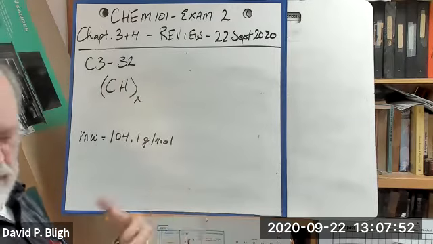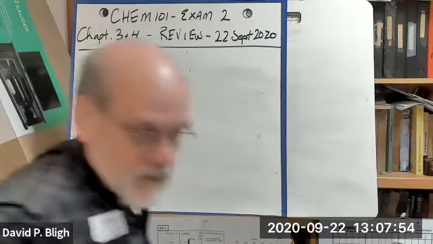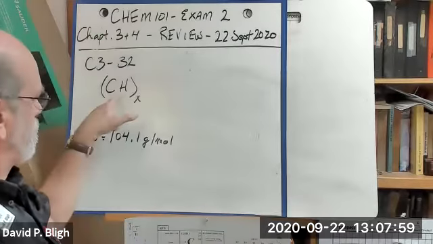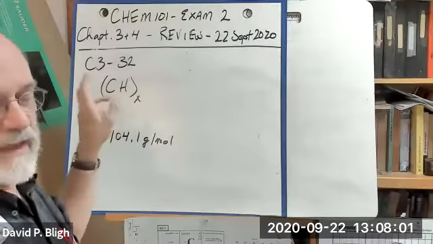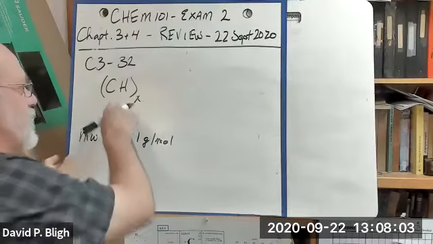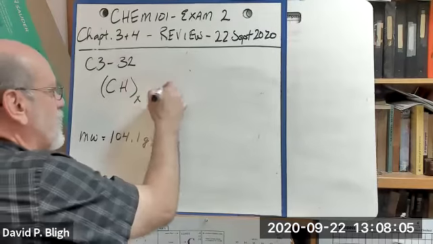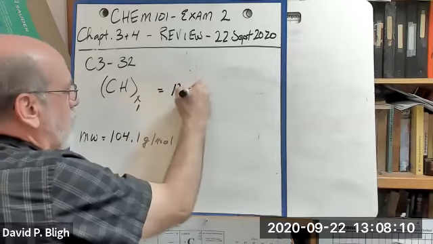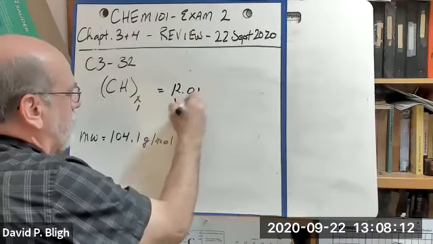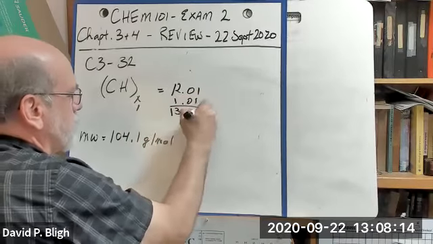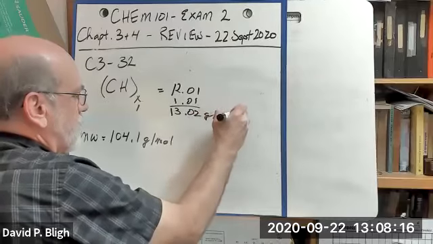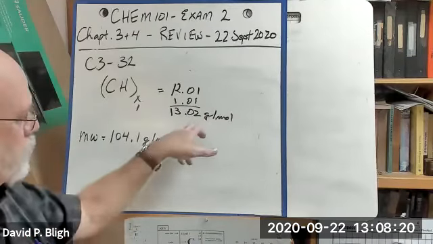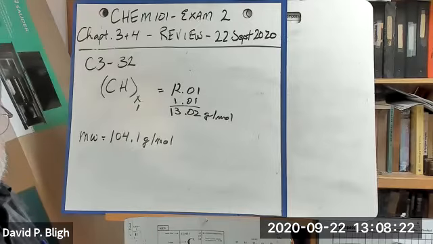So the easiest way to do it is calculate what I call the empirical mass. So the empirical mass of this, if X is 1, is 12.01 plus 1.01, which is 13.02 grams per mole of formula. Okay? And then you ratio this one to that one to find out what X is.